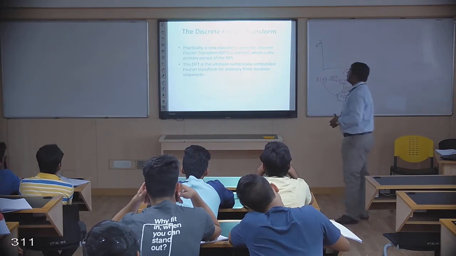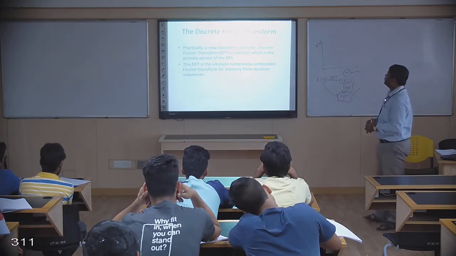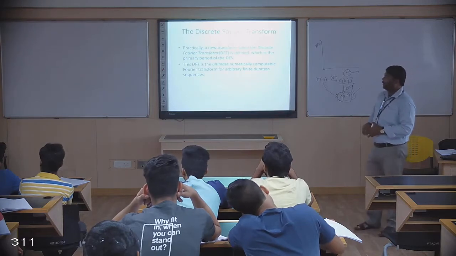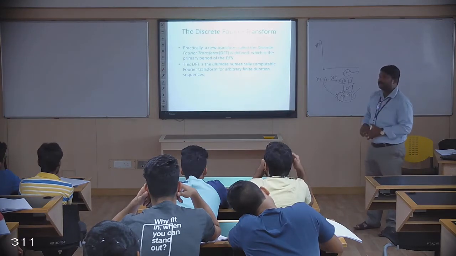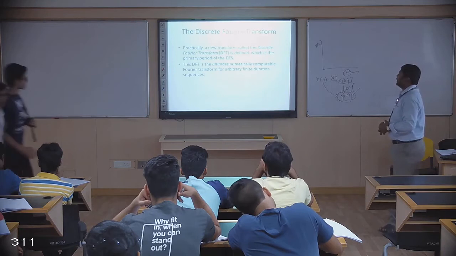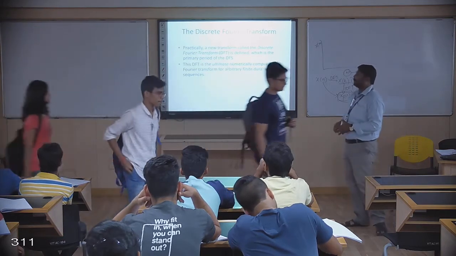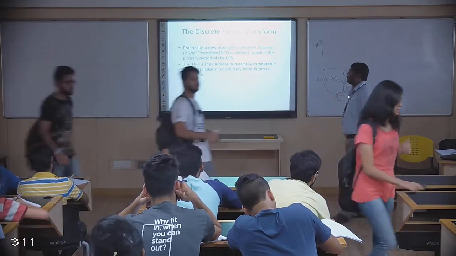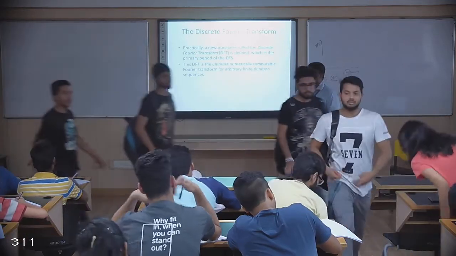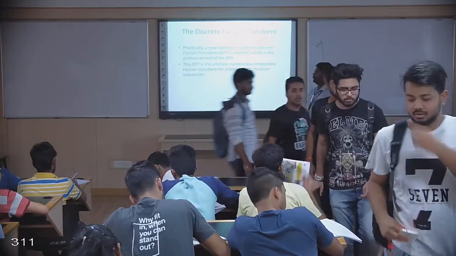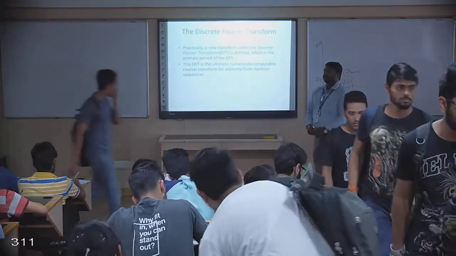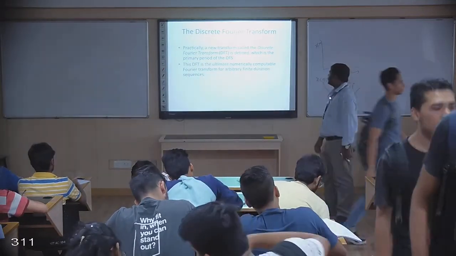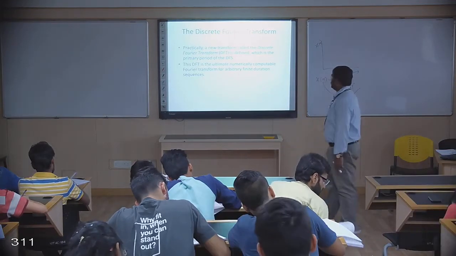Practically, a new transform called the discrete Fourier transform is defined, which is the primary period of the DFS, discrete Fourier series. The DFT is the ultimate numerically computable Fourier transform. Please make a note of it. DFT is the ultimate numerically computable Fourier transform.